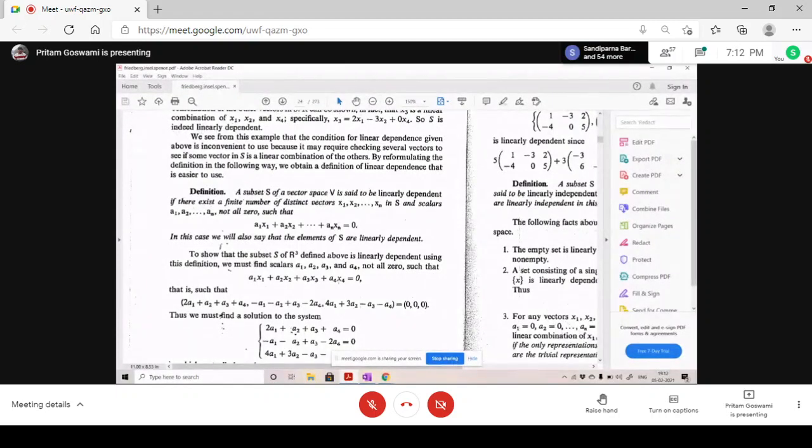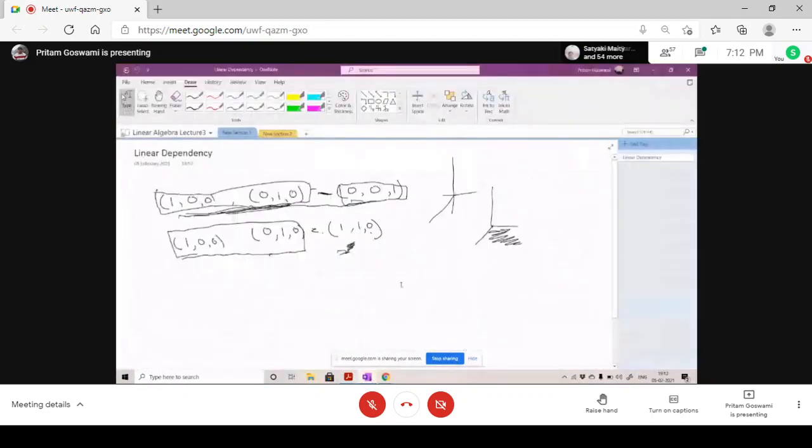I'm coming to this. Just let me give the example here. Look here. I said that these three vectors are linearly dependent, right? Say these vectors are v1, v2, and v3.